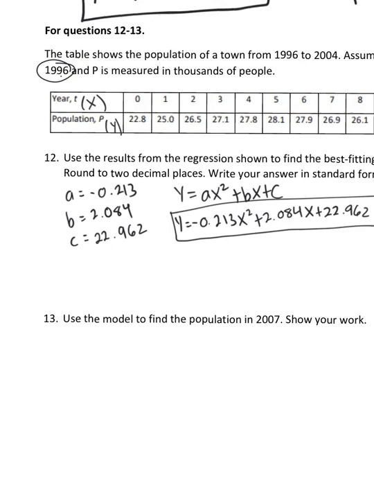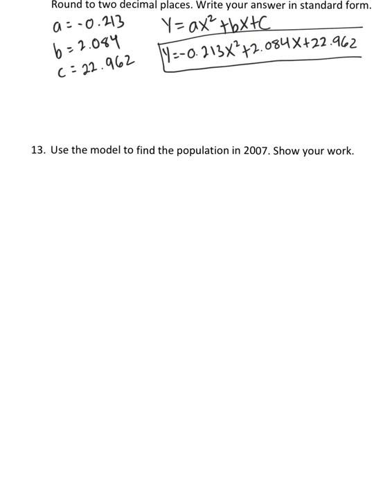So when it asks for the population in 2007, it is not the year 2007. It is the number of years away that 2007 is from 1996. So to figure that out, you're going to do 2007 minus 1996, which is 11.